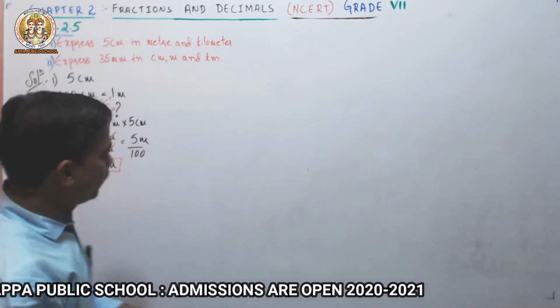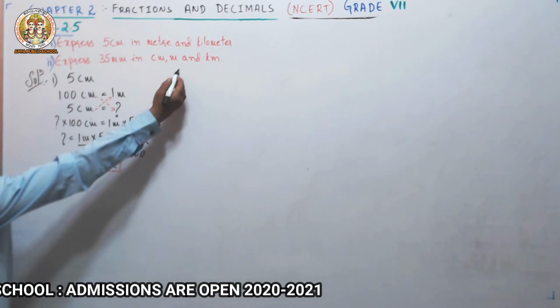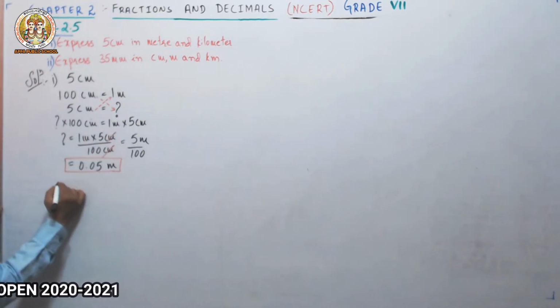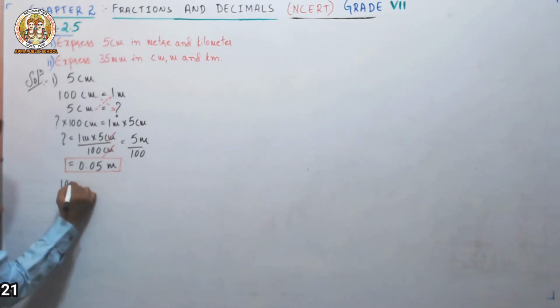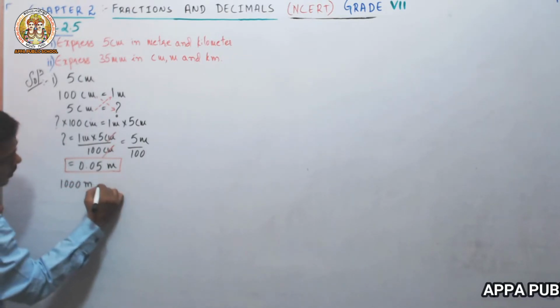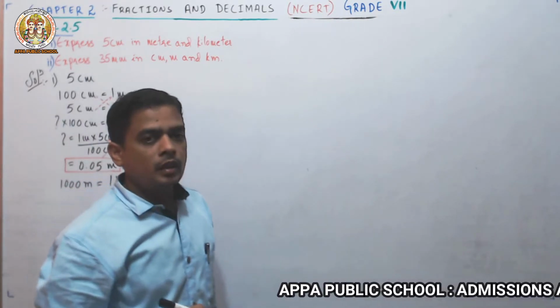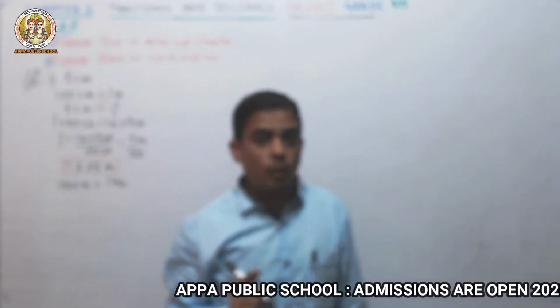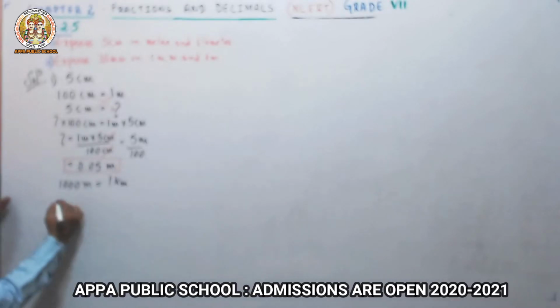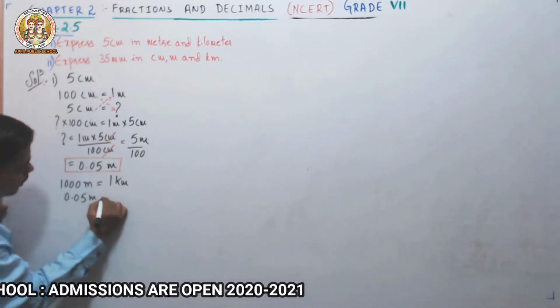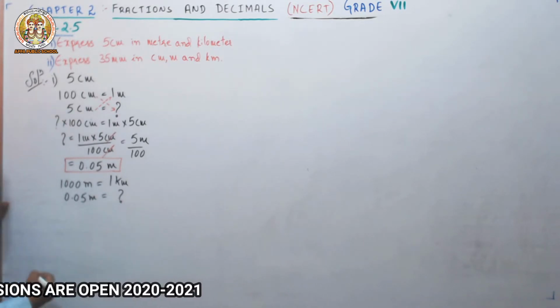Now this 0.05 meter I will convert into kilometer. We know that 1000 meters is equal to 1 kilometer. So 0.05 meter is equal to how many kilometers?